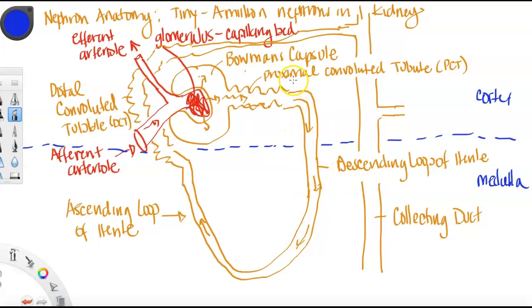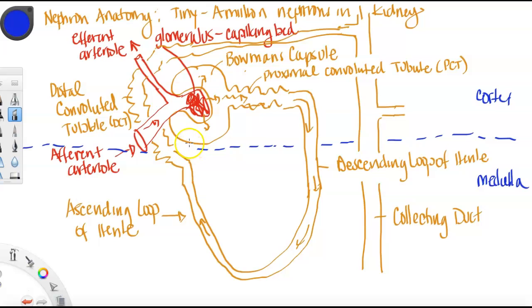The descending loop of Henle goes down into the medulla, the ascending goes back up till it gets to the distal convoluted tubule, which will be in the cortex again. All right, so that is the anatomy of the nephron itself.